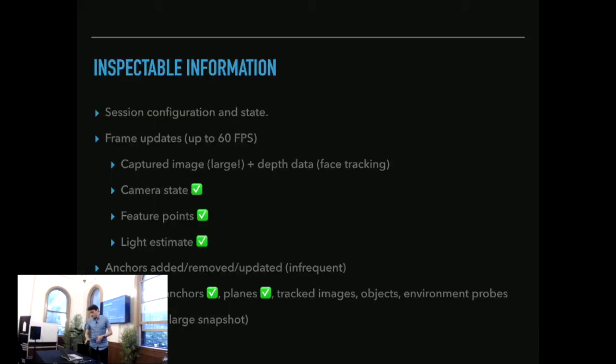So the first question became, okay, we want to inspect and visualize the information in an ARKit scene. What can we visualize? Well, there is some information available from the ARKit session in the form of public API, like from delegate callbacks. For example, session configuration and state, and information of frame updates that come up to 60 frames per second, including the camera image.